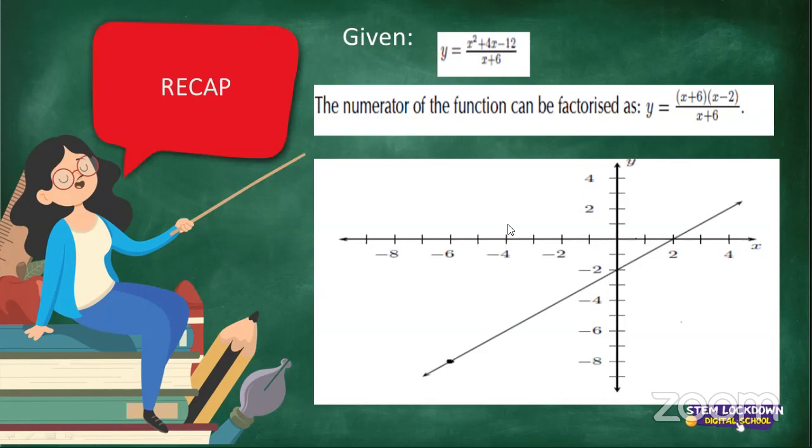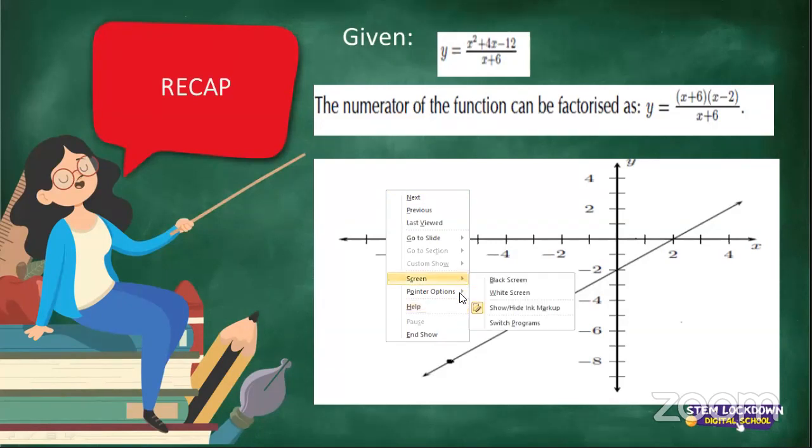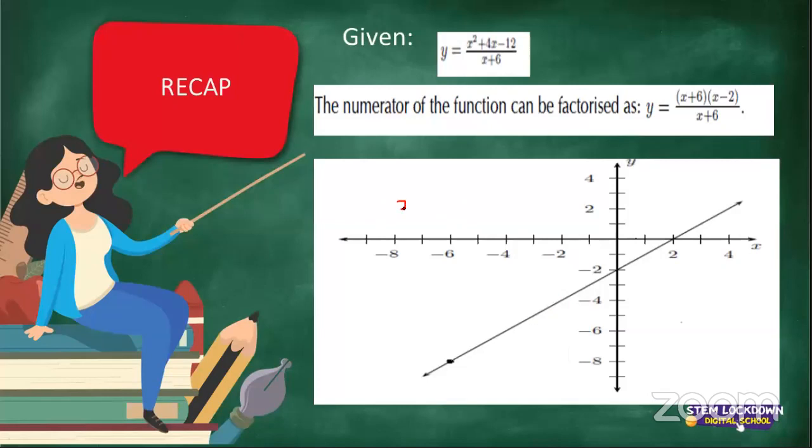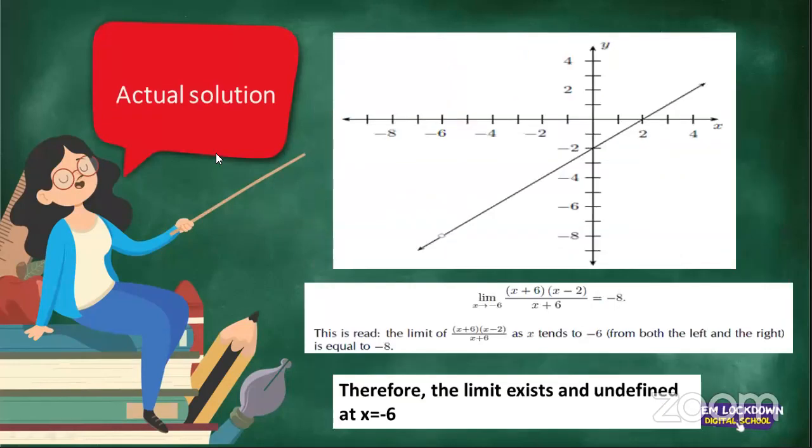But then what you would notice is that at x equals -6, if you take the value of -6 and substitute it here, you will get 0 divided by 0, which is undefined. So the actual solution would have an open circle, which indicates that at this point our function is undefined.